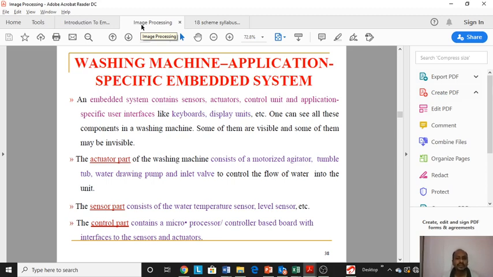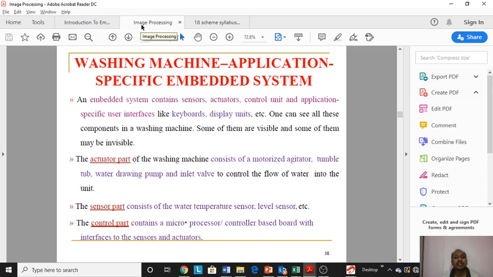Similarly, what do you mean by actuator? We discussed actuators in the previous class. In the case of the washing machine, based on the input given, the actuator will rotate the motor. It consists of a motorized agitator, tumble tub, water drawing pump, and inlet valve.